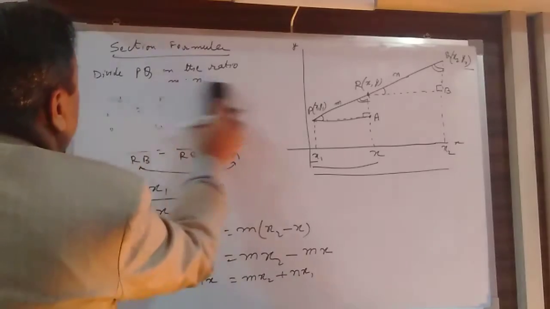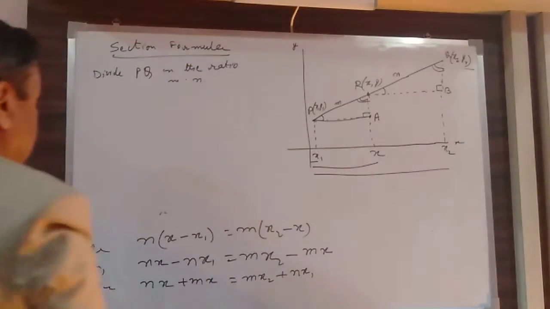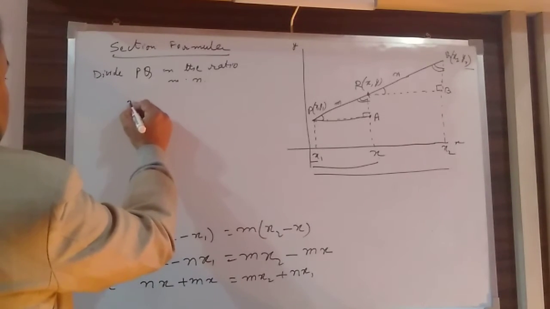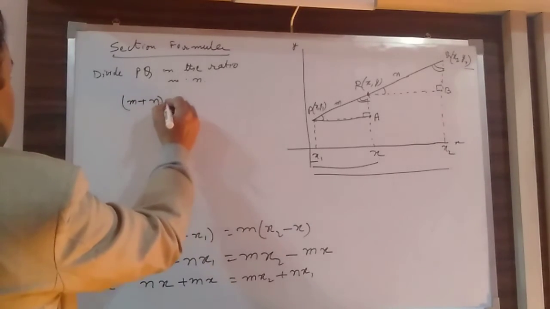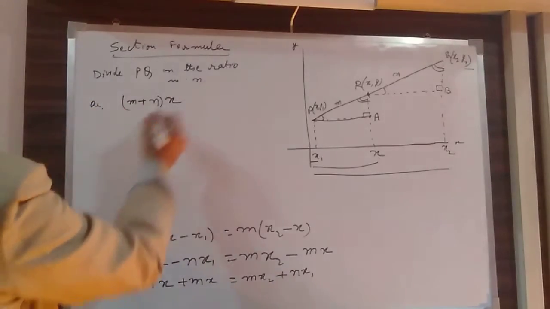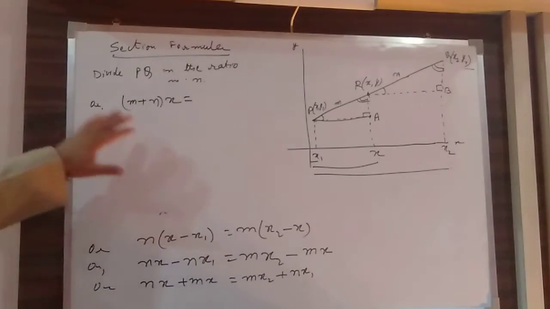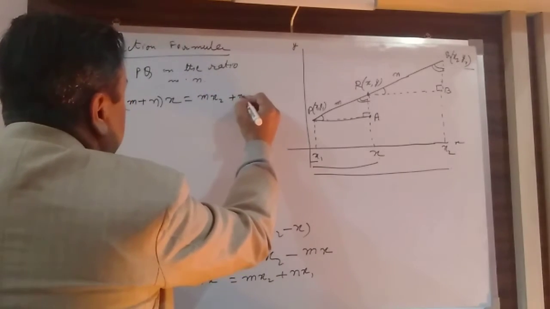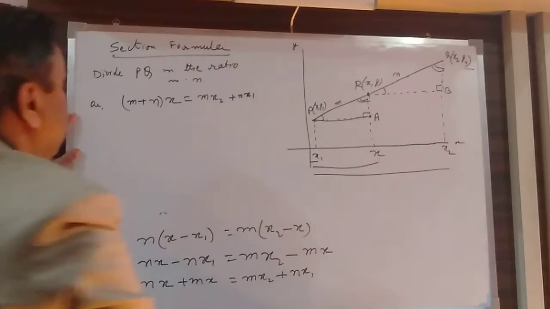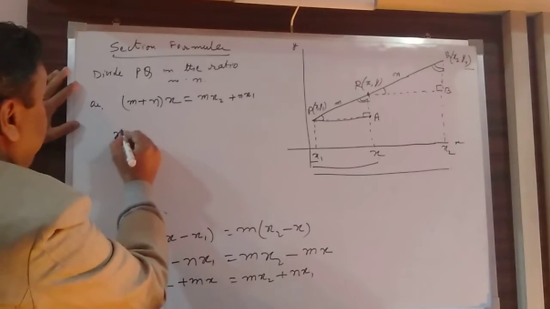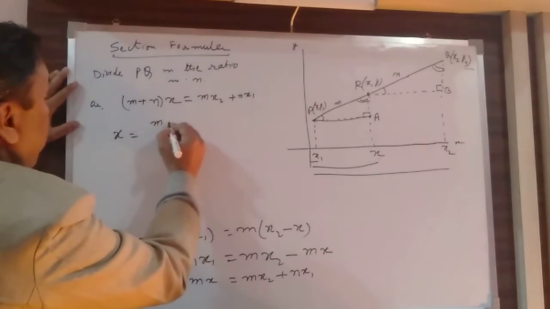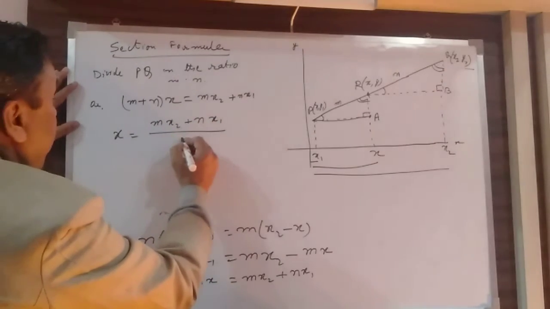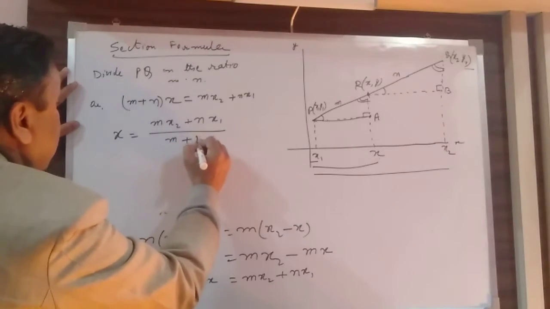Now from this I can write it as (m plus n) x equal to mx2 plus nx1. Or x will be equal to mx2 plus nx1 divided by m plus n.